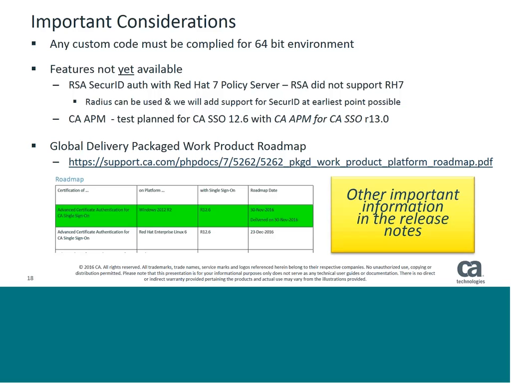The link is here in the slide deck, and I know the Global Delivery team has been building and completing their availability of these package work products for the 12.6 release. You can go to that website location and get the latest set of information about that. So if you are making use of some of those components, be advised to take a look at that as you start thinking about the use of 12.6 in your environment.